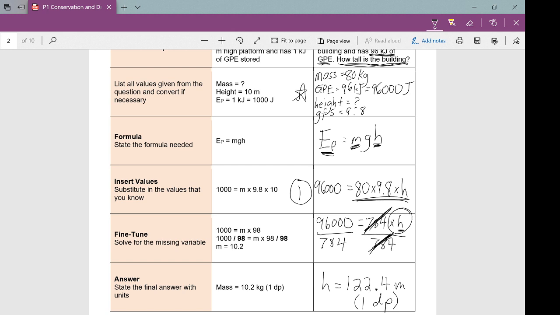So just to recap, first, from the question, I just summarize the question and make a clear list of all the values that I have in order to know what my numbers are, to make it easier for me later to substitute things in. And also, just in case there's a question that doesn't tell me what formula I need to use and I want to work it out, it's a lot clearer if I write it like a list like this, so I know exactly what values I've been given.